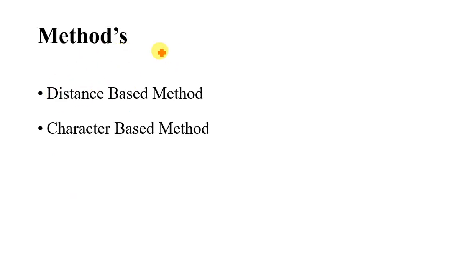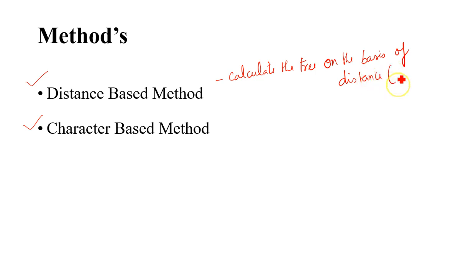In the methods of phylogenetics, we have basically two methods: the distance based method and the character based method. In the distance based method, we calculate the tree on the basis of distance, and here distance is nothing but time.